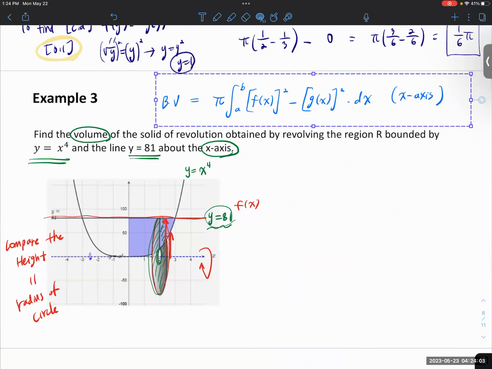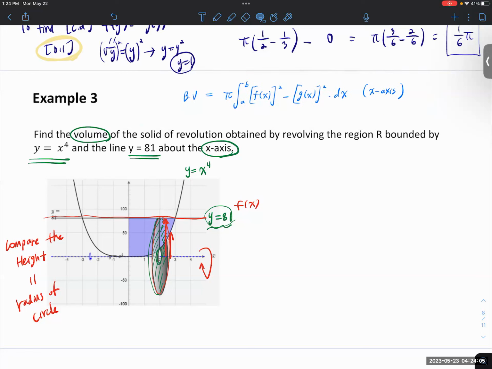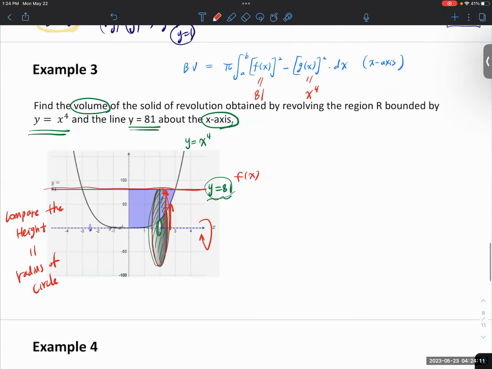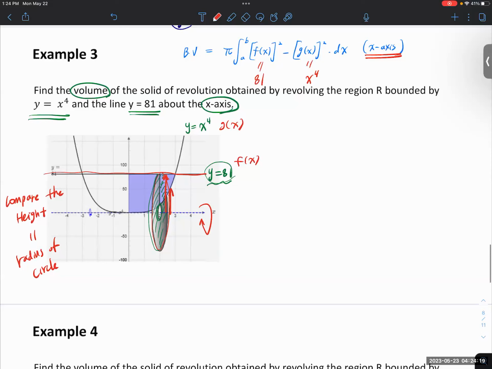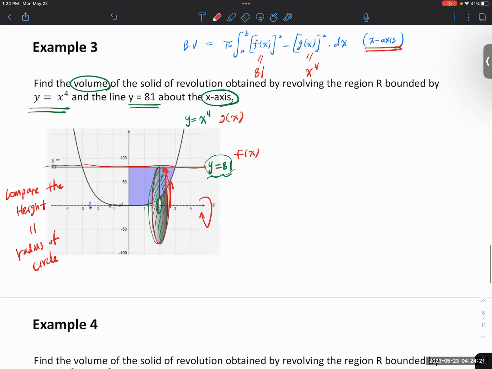So here, this is going to be 81, and this is going to be x to the 4, correct? It is rotated about the x-axis, so this is f and this is g. Do I know the interval? No, so we have to find the interval from where to where.